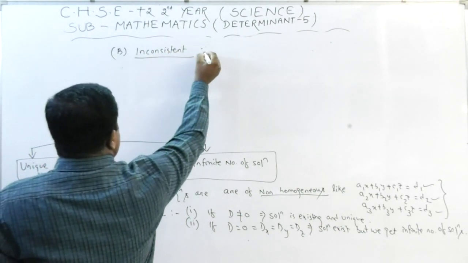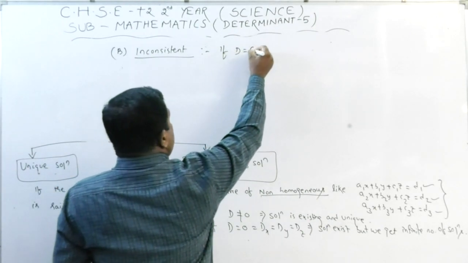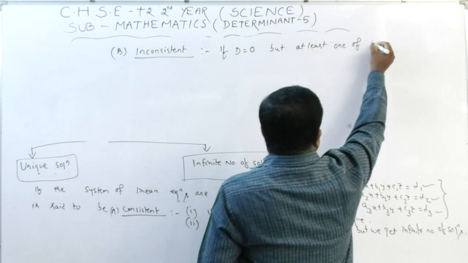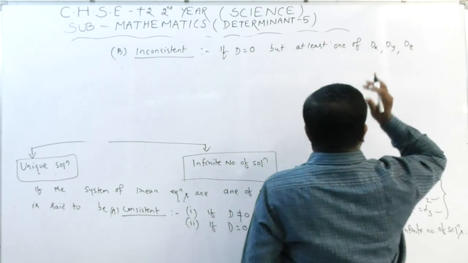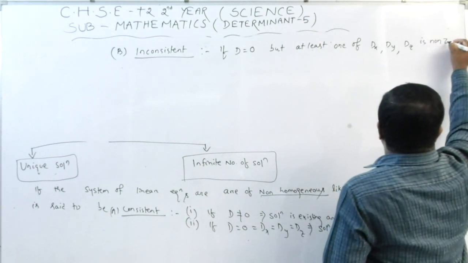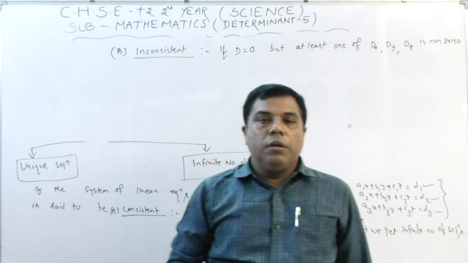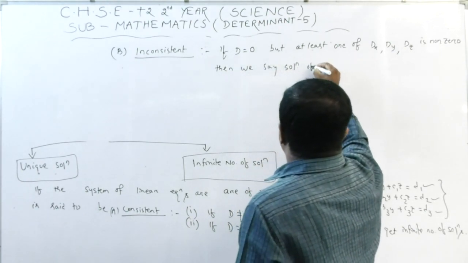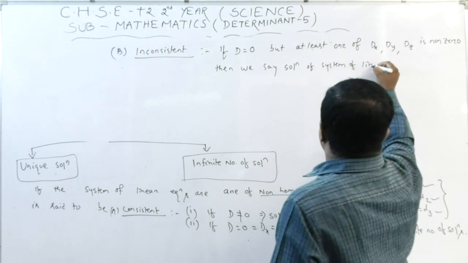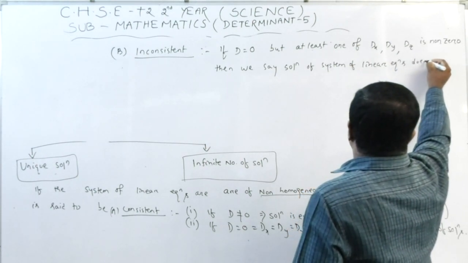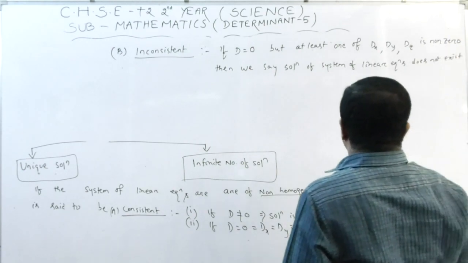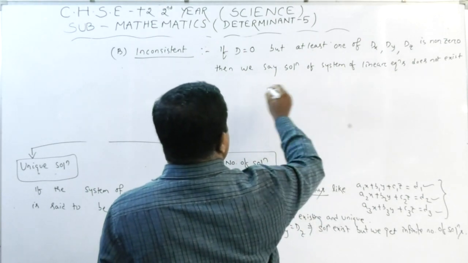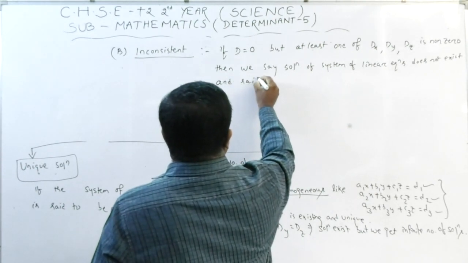When they are said to be inconsistent, if d equal to 0, but at least one of dx, dy, dz is non-zero, then we can say the solution of the system of linear equations does not exist, and it is said to be what?